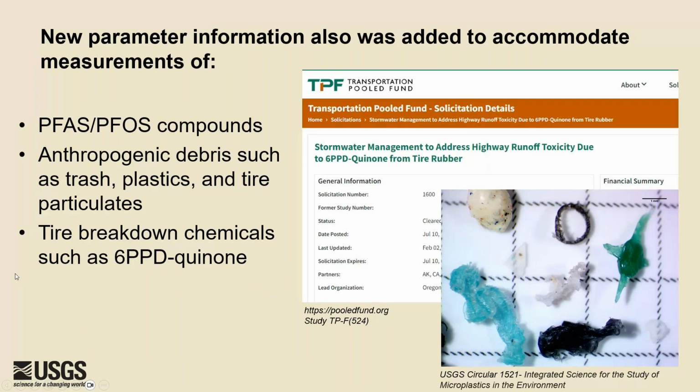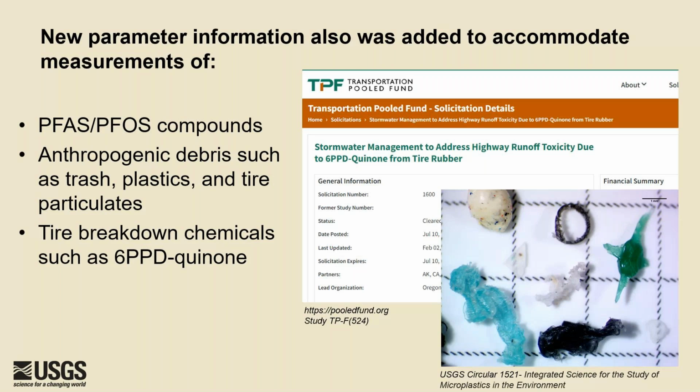And in the latest version, we added parameter information for those additional water quality constituents where data might become available in the future. So this includes PFAS, trash, microplastics, and 6-PPD quinone. On the right, we just have an image from a USGS circular zoomed in on what microplastics look like.